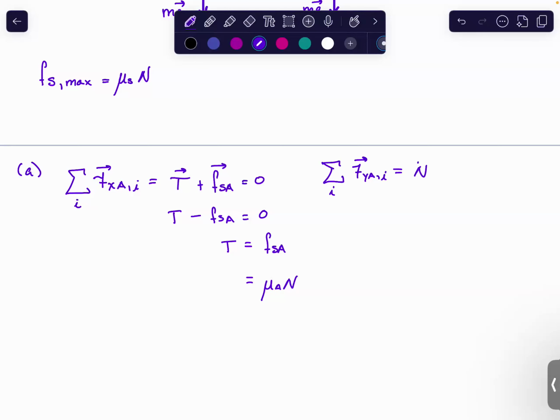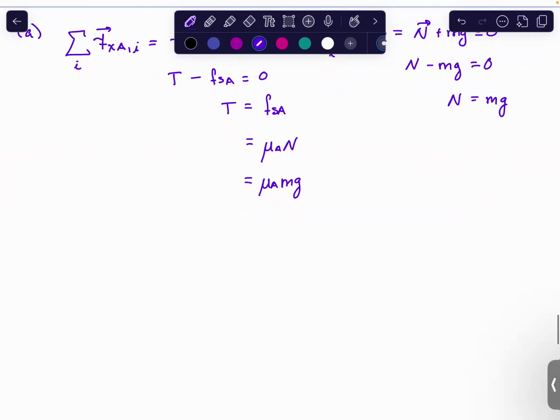So it's going to be your normal force plus the gravitational force. Due to positive and negative directions, we get N minus mg, or the normal force is going to equal the gravitational force. And so then our tension here becomes the coefficient of friction times mg.